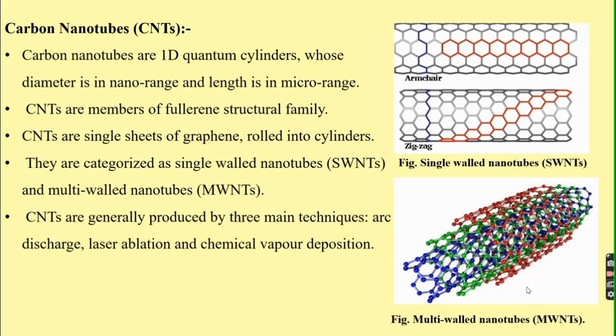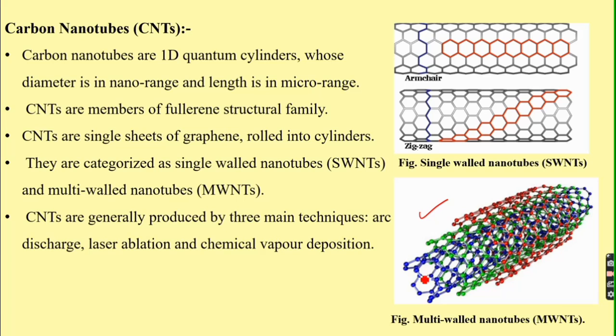Single wall nanotubes are formed by rolling up a single graphite layer. The diameter of single walled carbon nanotubes is 1 to 100 nanometer and length can be up to 5 microns. Multi-walled carbon nanotubes, that is this one, consist of two or more concentric graphene cylinders with van der Waals force between the adjacent tubes.